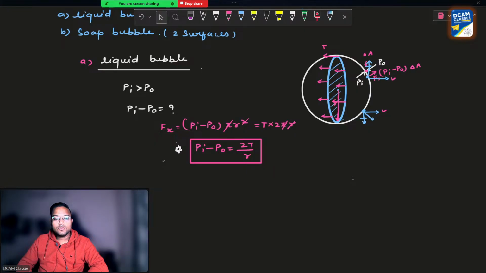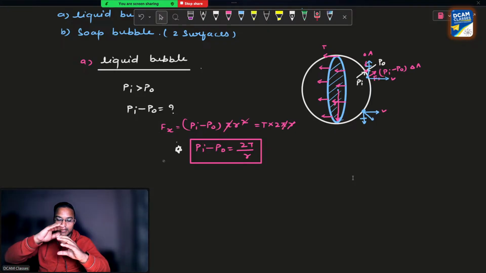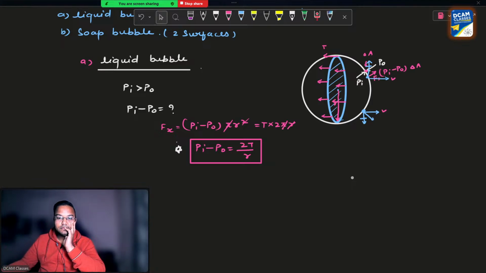But in the case of soap, you can see the bubble properly. In the soap bubble, the upper surface tends to move with respect to the lower one, so that you can see the interference of colors.